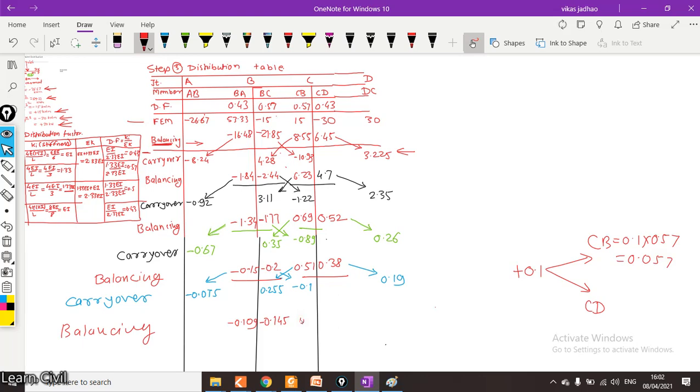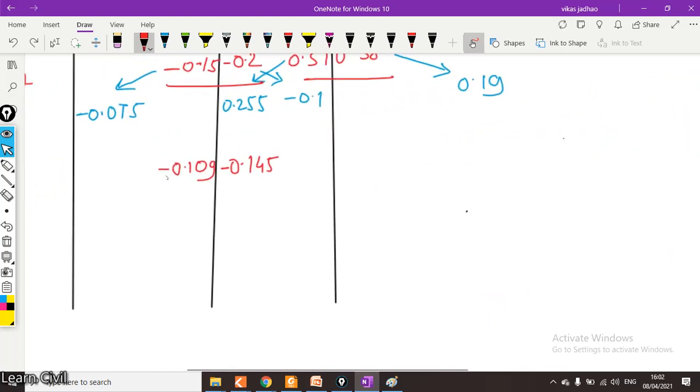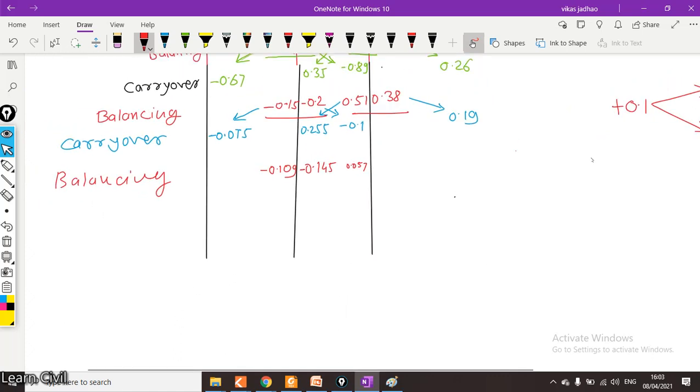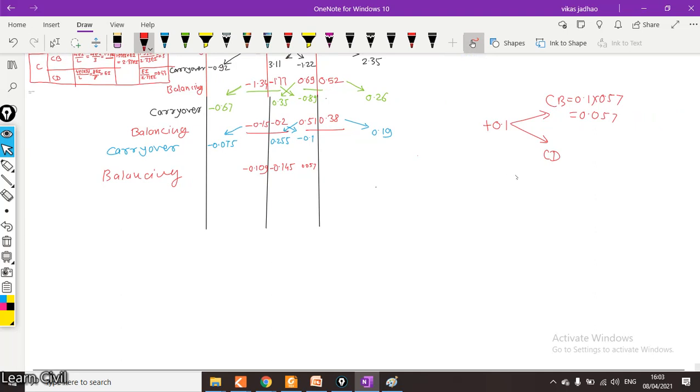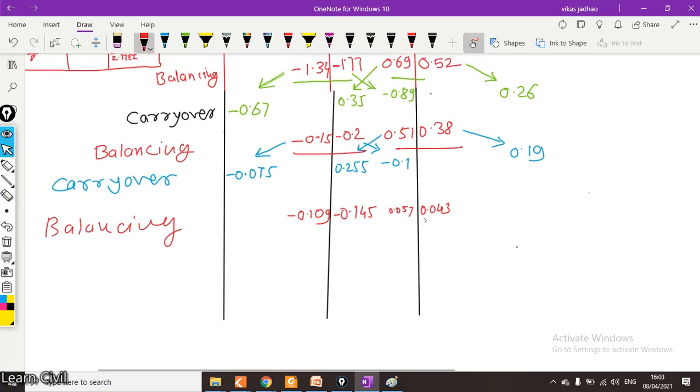So write down here 0.057. Similarly, for CD also this will be 0.1 into 0.43, that is the distribution factor. So this will be 0.043. So write down here 0.043. So this is the balancing step.